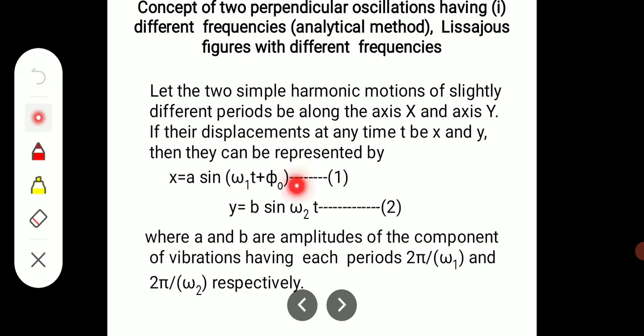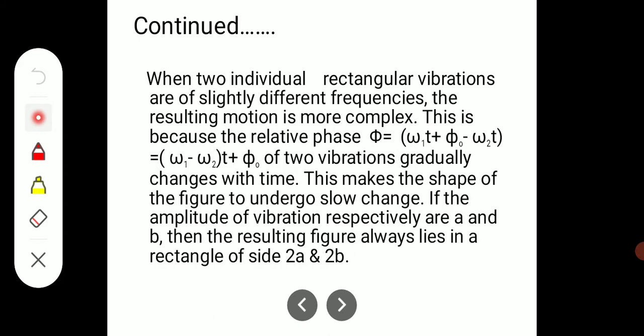The phase difference between them is phi naught. Here a and b are the amplitudes of the component vibrations having periods 2 pi by omega 1 and 2 pi by omega 2 respectively.